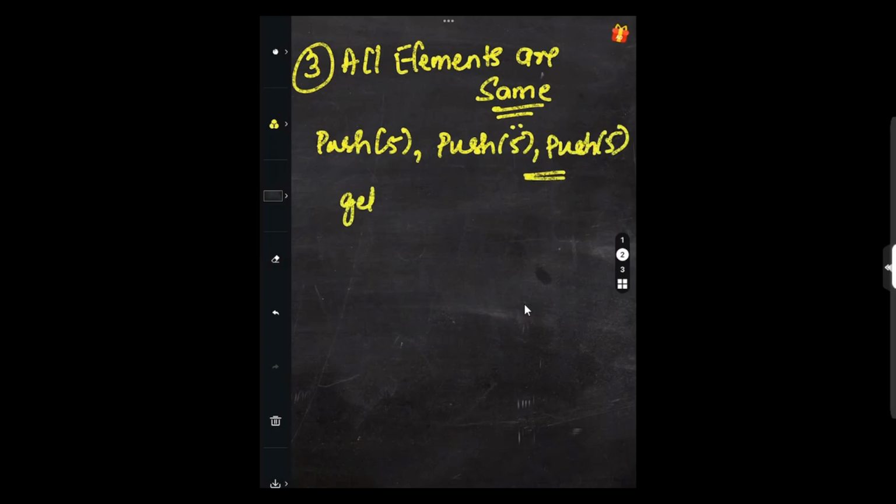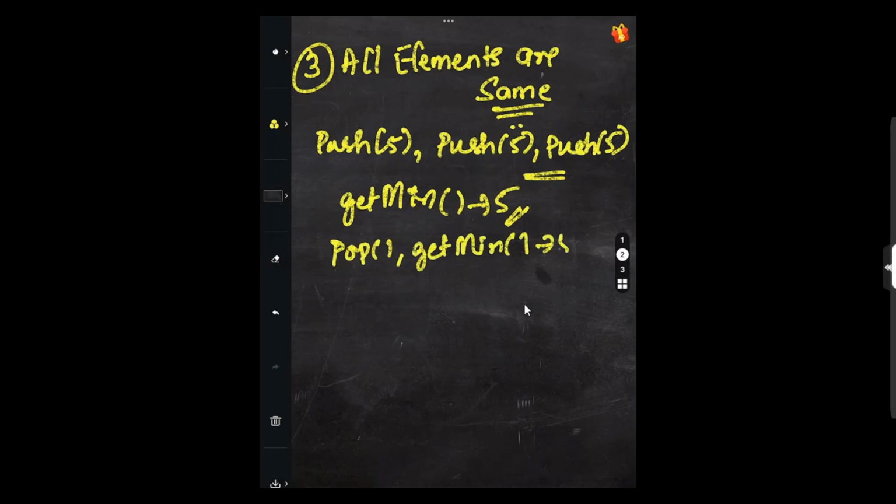So here let me consider get min. This one output will be 5 here. So we have the same element, right? So the minimum element will be 5, and the pop and get min as well. Here pop, get min, this one will be 5 as well. So the minimum remains constant when all the elements are same, right? That is the reason we are getting the output 5 and 5.